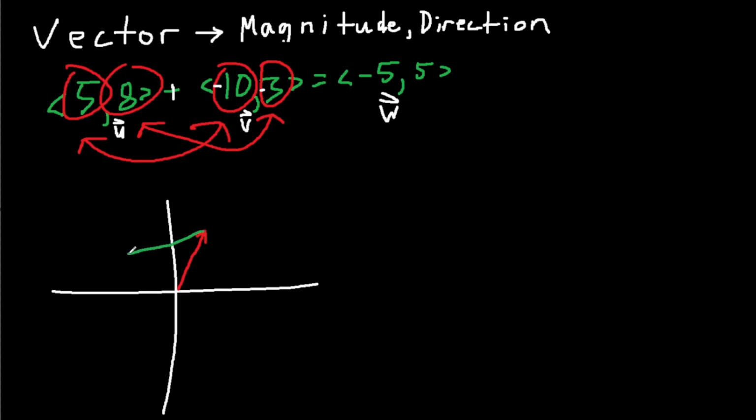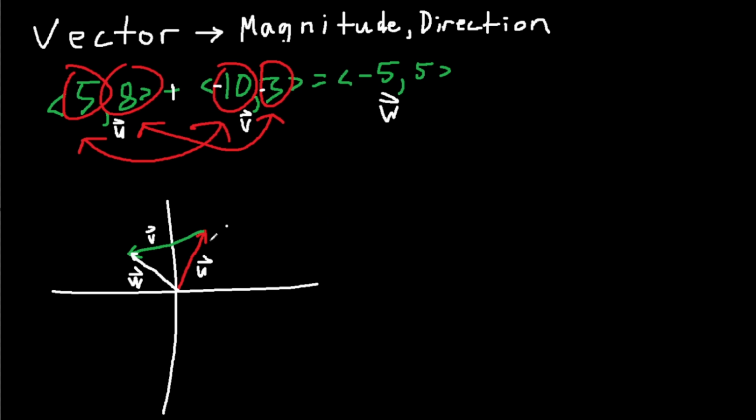So right here. So this is v, and this is u. And the resulting vector of this operation is a new vector, in which you connect the starting point to the end point.